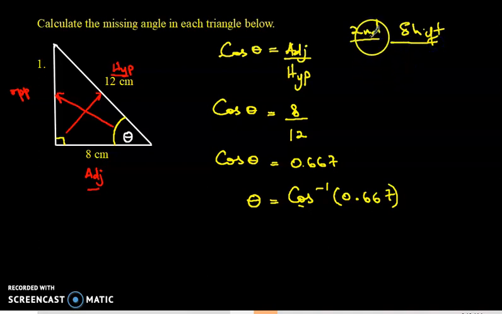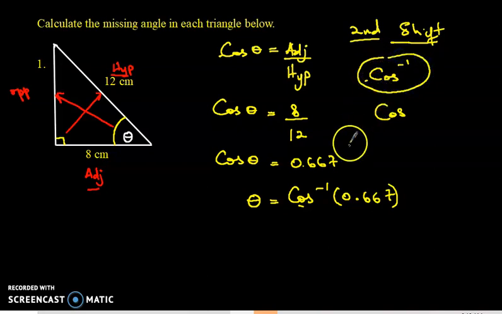If you press second function or shift and then press cos, you would see cos inverse come up on the calculator. But if you don't press second function and you press cos, only cos will come up. So always remember to carry that out.